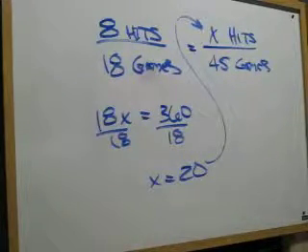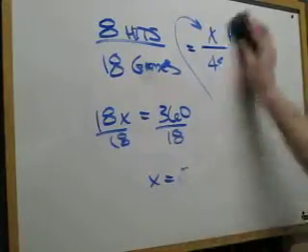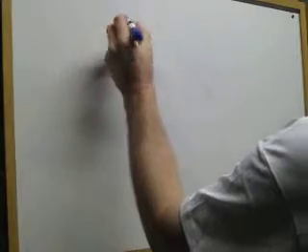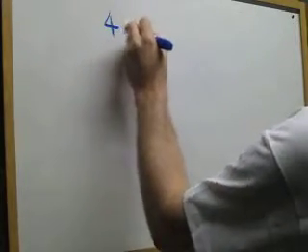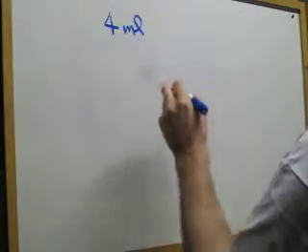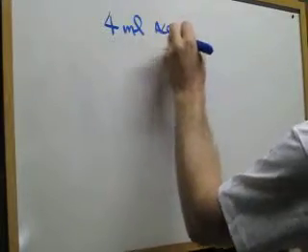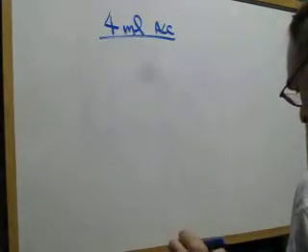If we look at example 3 on page 470, get this erased here. We're talking about chemistry here, and in this particular one, water and alcohol. So a solution contains 4 milliliters of alcohol and 20 of water.